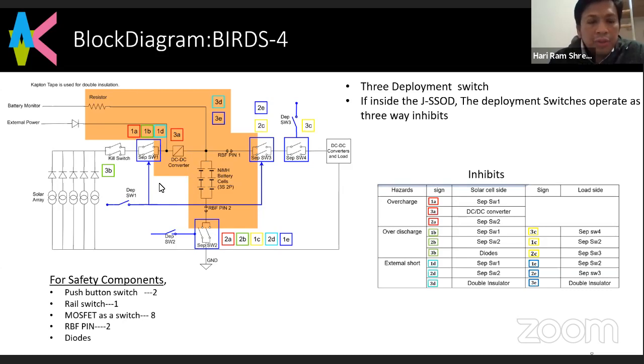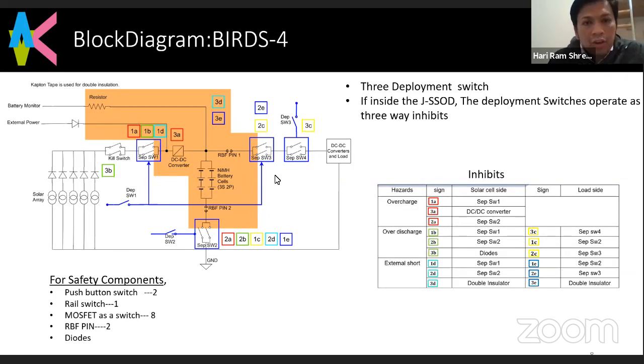The DC-DC converter is a buck-boost converter, an MPPT type DC-DC converter, which always gives a constant output voltage of 4.2. If we give an input voltage below or at most 4.2, it always gives a constant 4.2 output voltage.